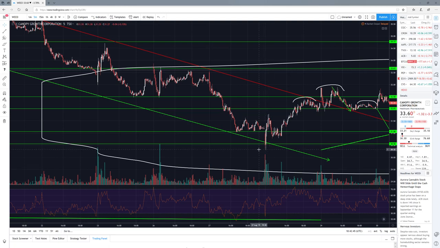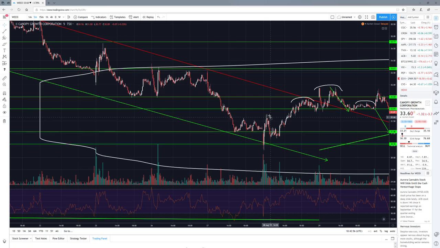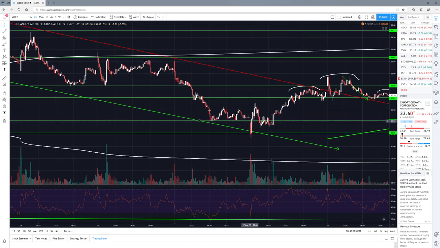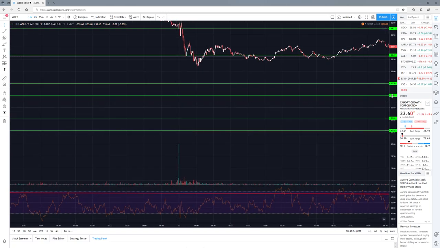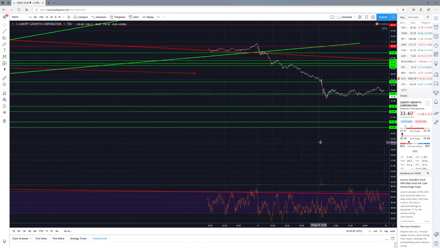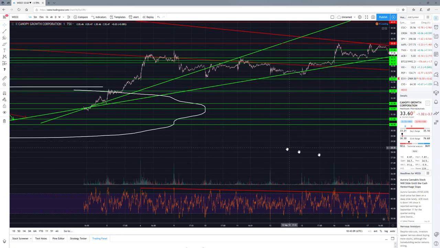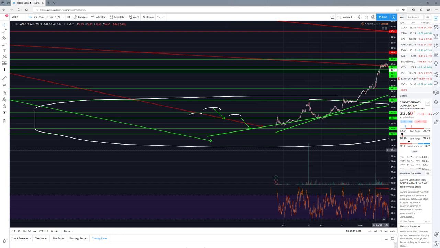So from 30 to 31.80, so exactly $1.50 off the low, which is 5%. It's not nothing, you know, it's something. Then it pulls all the way back. I see it make this low here. I'm gonna go in the 1 minute.